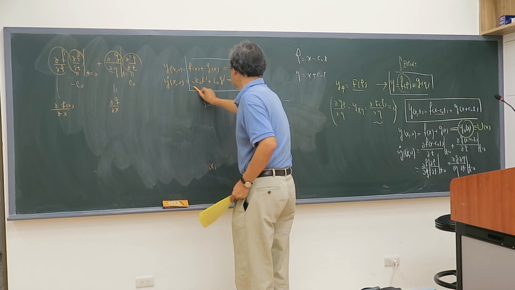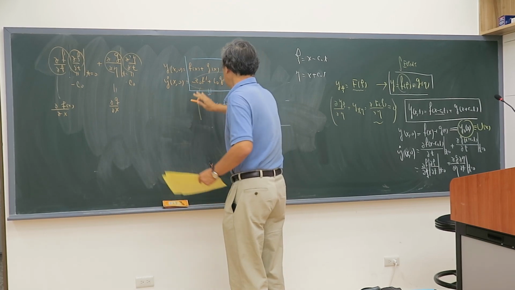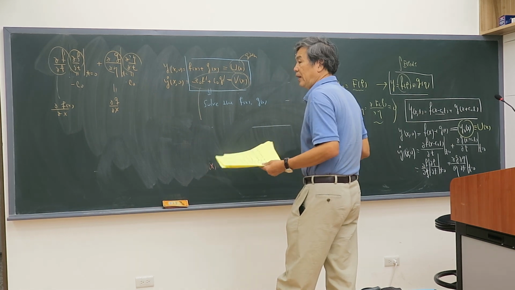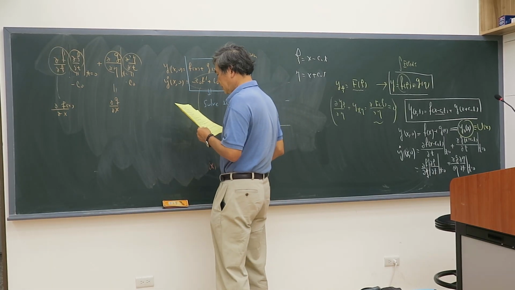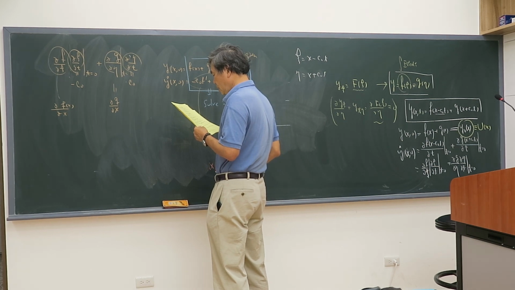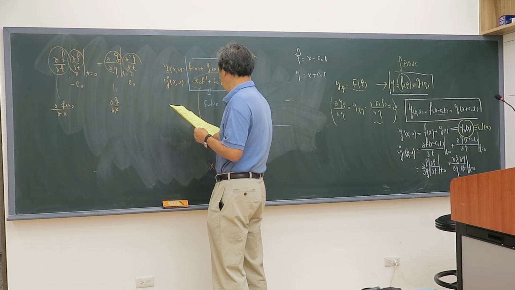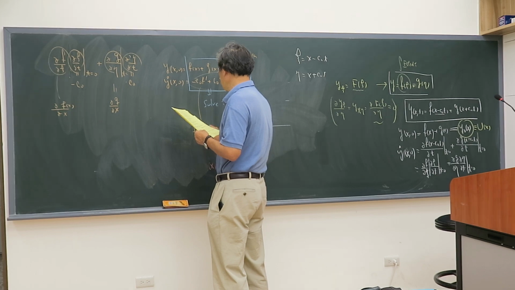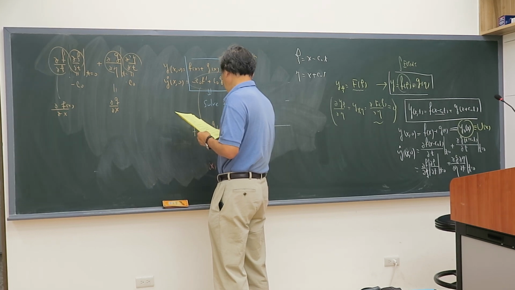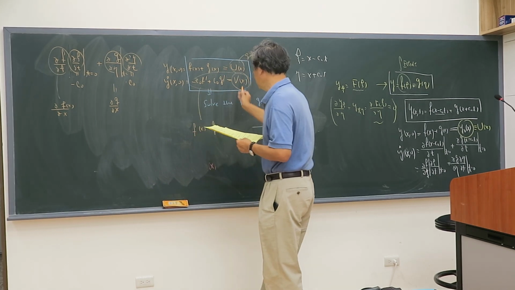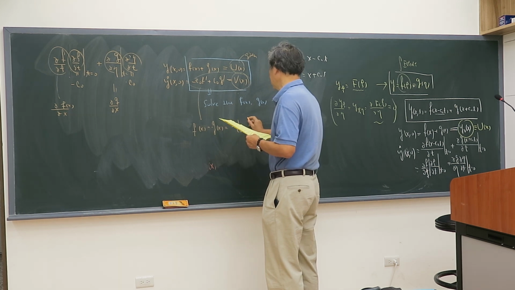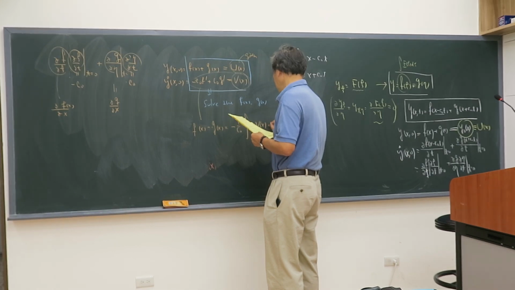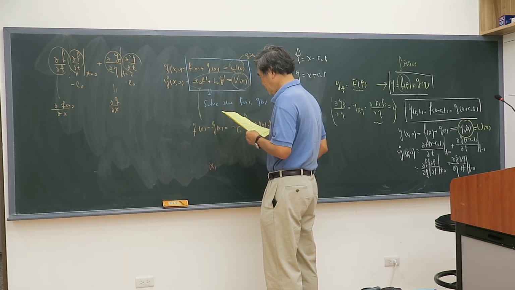So from this equation, I integrate both sides by x, so I can change this to f. Okay, so we'll get f(x) minus g(x) equal to 1 over c0 times the negative integration of v(x).